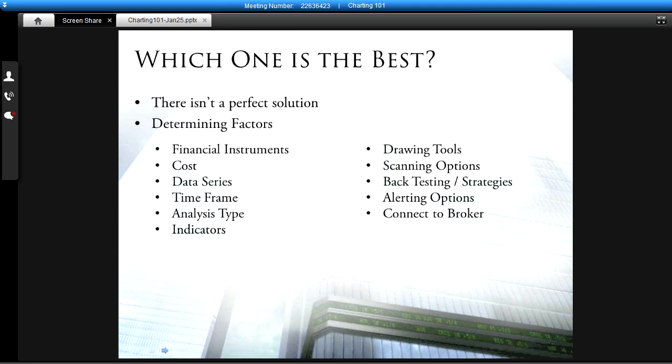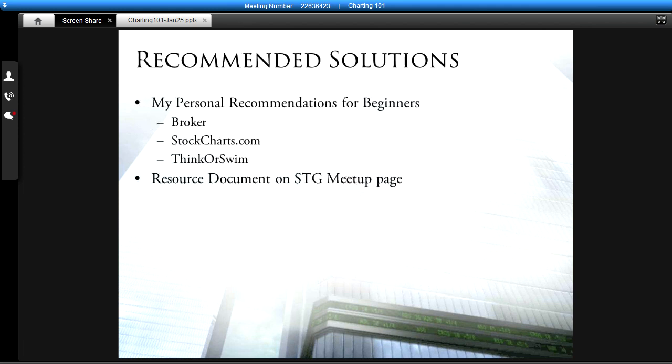So once you've kind of figured out what you need, you can go out and get your charting software. And there's many options. But here's just a couple recommendations I have for the beginners. If you've got a stockbroker, they usually have charting software for you already.